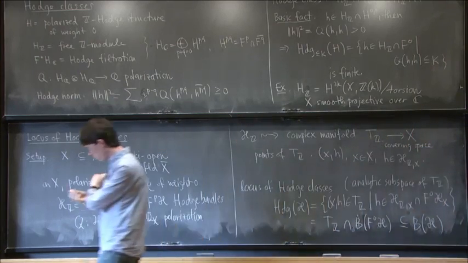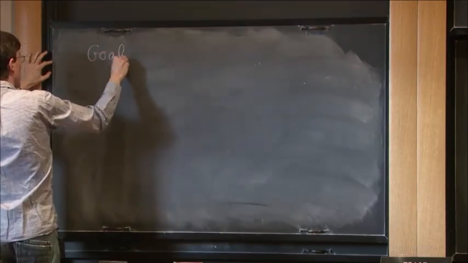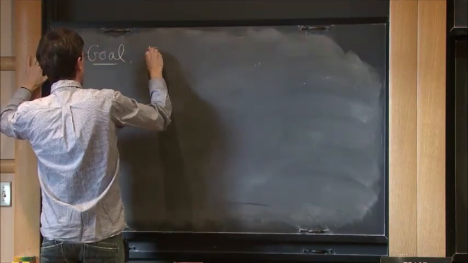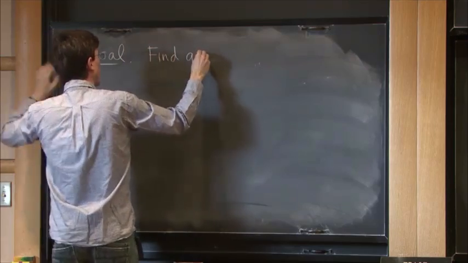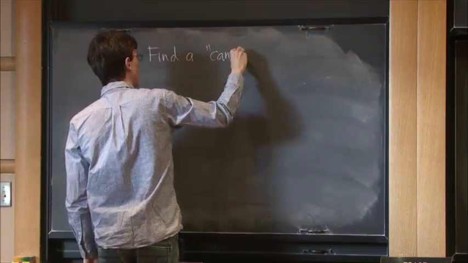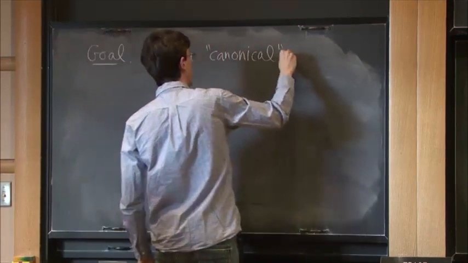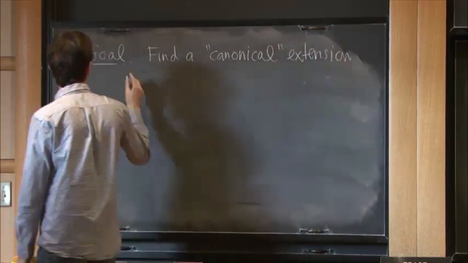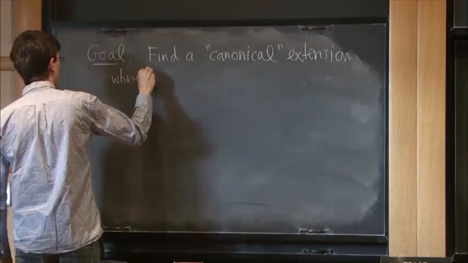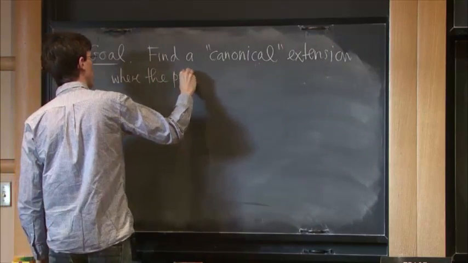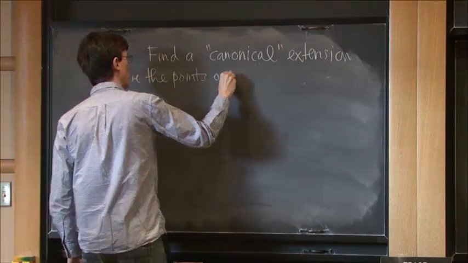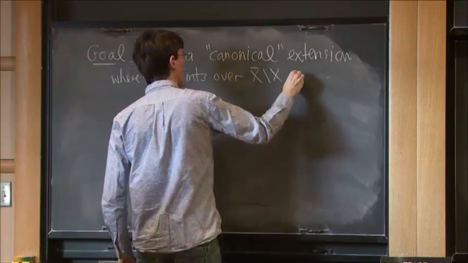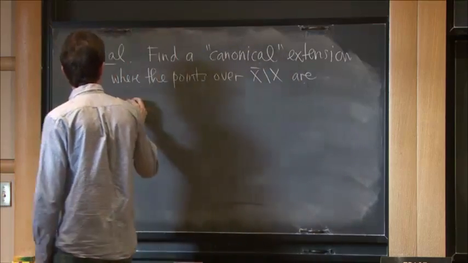So maybe that's the goal. Okay, so find a canonical extension where the points that you add over the boundary are geometrically meaningful.